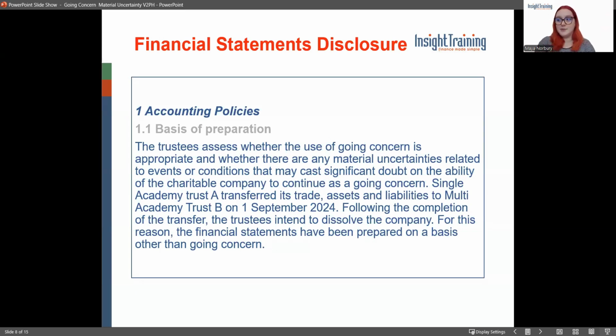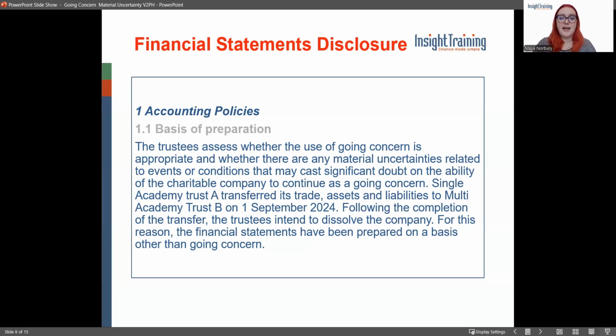So in this example, in the basis of preparation, we've said that the trustees assess whether the use of going concern is appropriate and whether there are any material uncertainties related to events or conditions that may cast significant doubt on the ability of the charitable company to continue as a going concern.